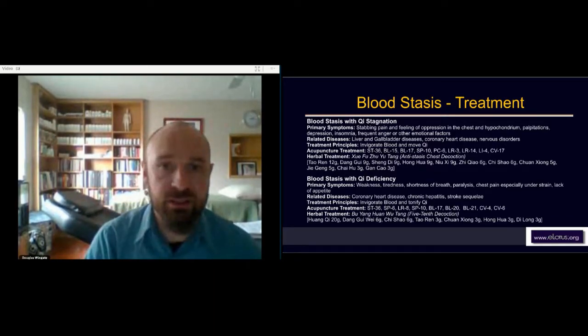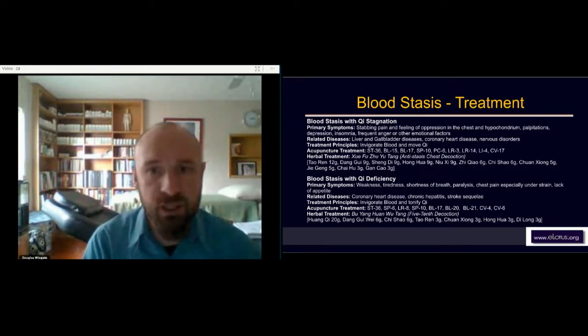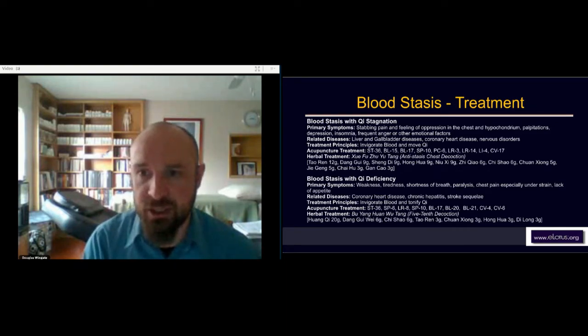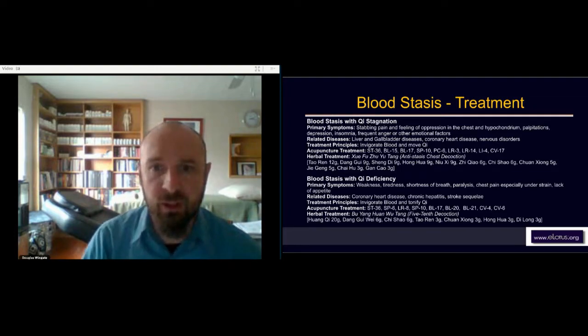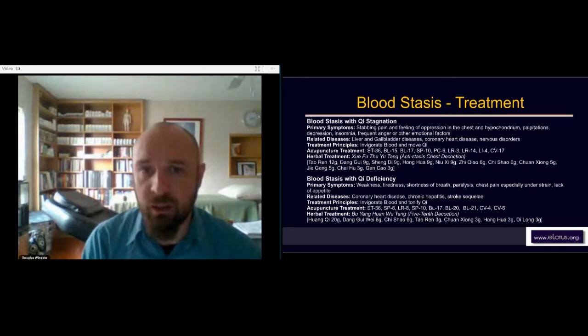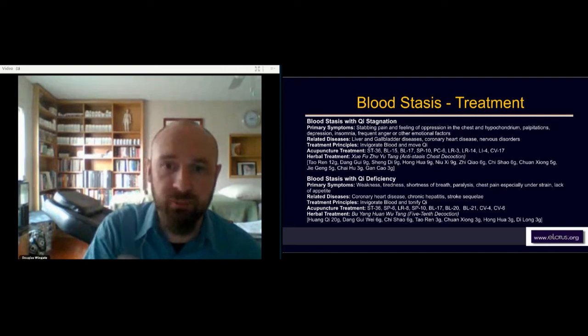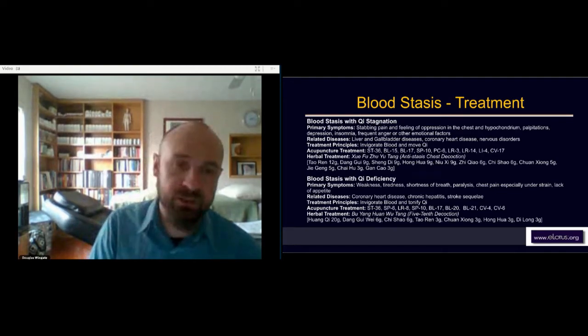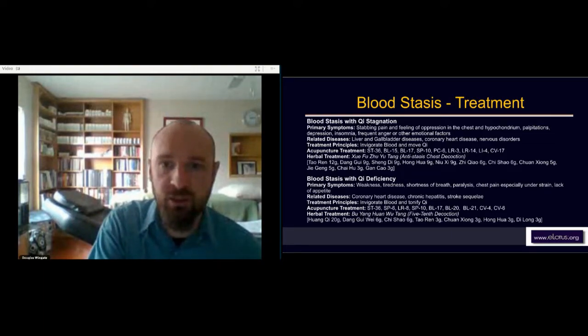All right, so if you've got blood stasis, but you also have a chi stagnation component, you're going to see stabbing pains, a feeling of oppression in the chest, palpitations, depression, insomnia, frequent anger, or other emotional factors that may be playing in there. So with that, of course, you want to invigorate blood, so you want to initiate blood movement. You also want to move chi.